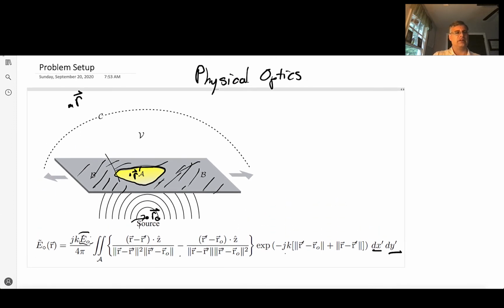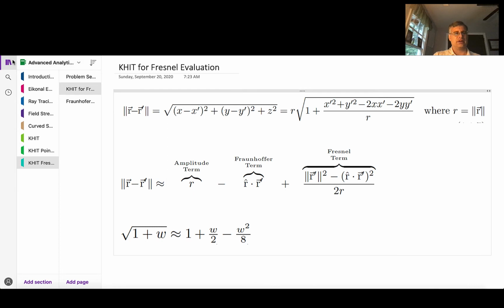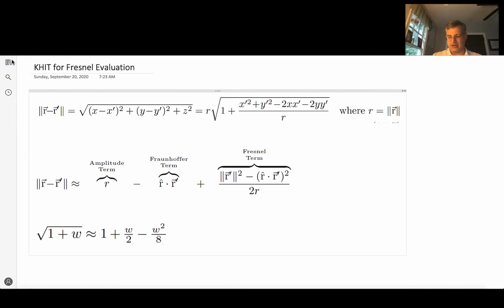Now, we're going to make an approximation here in this lecture, and I wanted to dedicate a lecture specifically to this because this is one of the most important aspects of electromagnetics. We're then going to apply this approximation to various problems.